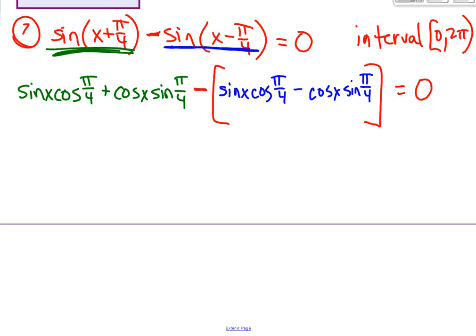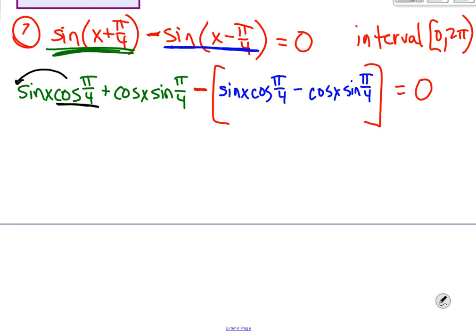Now, the next thing I'm going to do is clean these up a little bit. Do you agree cosine of pi over 4 is a fraction, right? Yes, sine of pi over 4 is a fraction. And so is it okay if I write that just in front, and then the fraction and then sine x? Are you okay with me doing that? Okay.